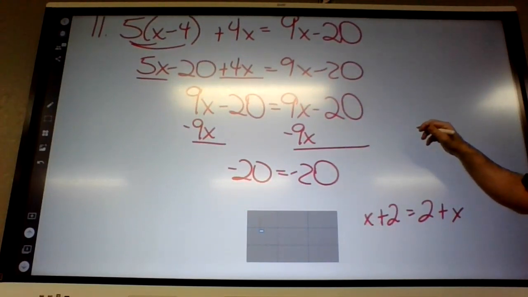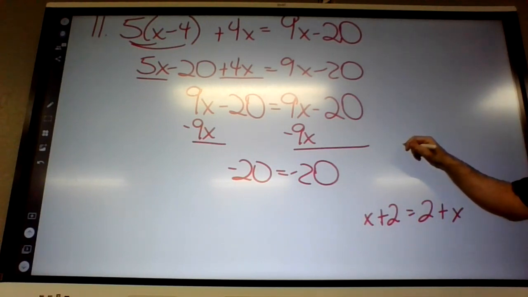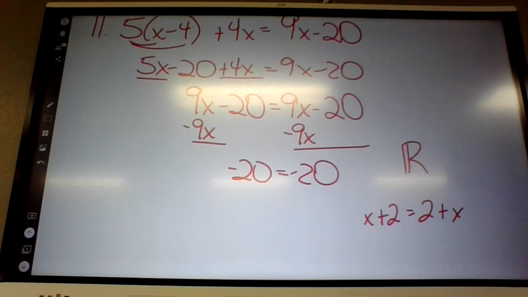It's all real numbers, which means every number that exists works. The symbol for all real numbers is like a fancy R, like a double line. Or you could write out all real numbers. It just means everything works for x.